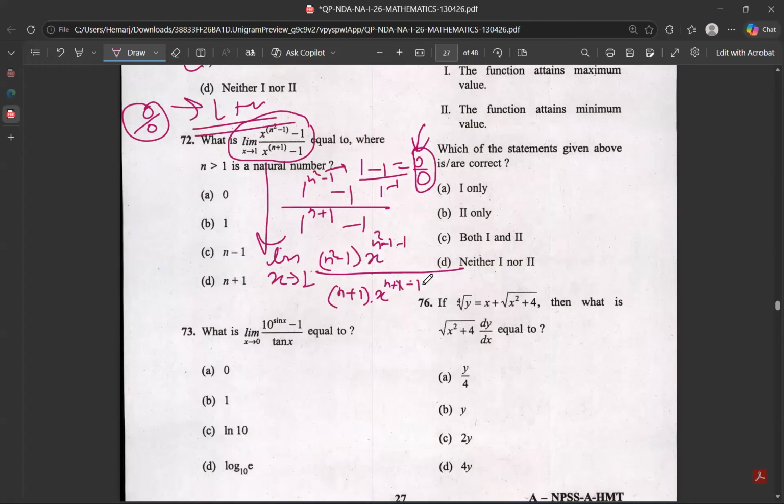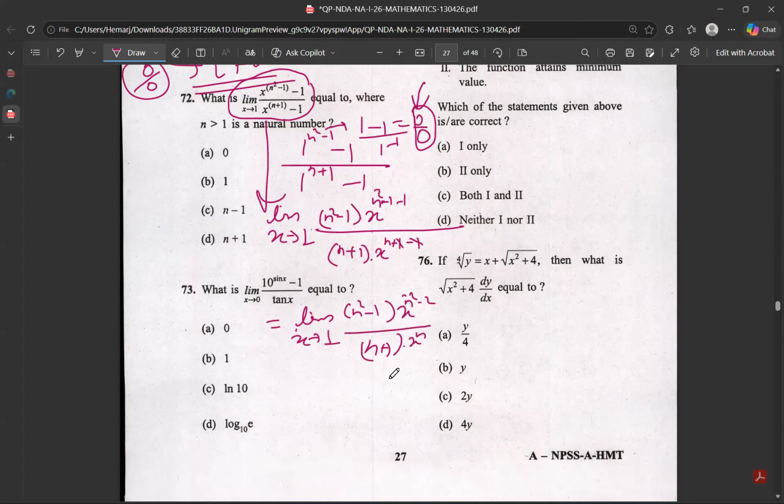Now plus 1 will cancel out this minus 1. So our limit question becomes limit x tending to 1, n square minus 1 times x to the power n square minus 2 divided by n plus 1 into x to the power n. Now simply put the value of the limit, that is x tending to 1.